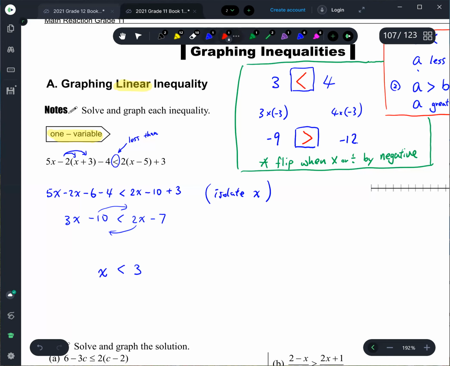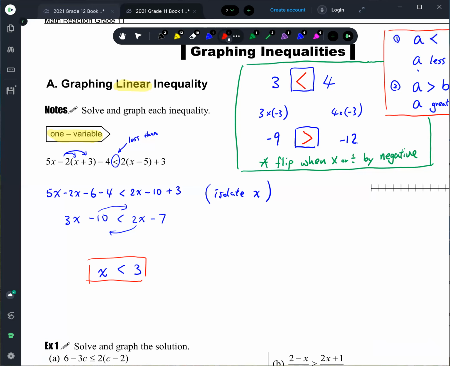So we found this answer: x is less than 3. So it's different from x equal to 3. When you have x less than 3, it means you have more than one answer. Any number smaller than 3 will always work. So this means you have infinite. Well, let's not write that.